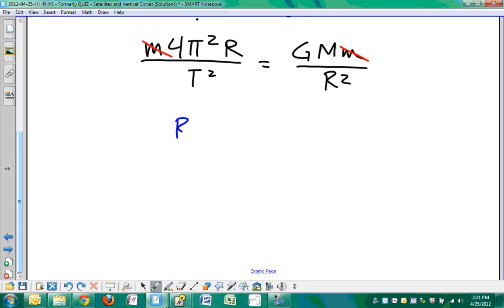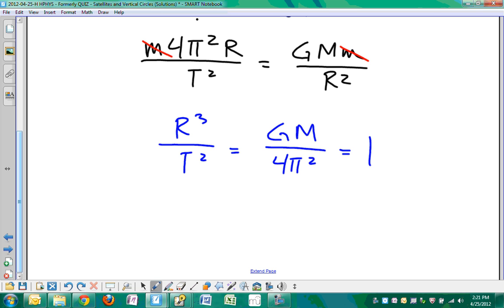So we end up with r cubed over T squared is equal to GM over 4 pi squared, which is constant. This law is Kepler's law, which we just learned. It is sometimes called the harmonic law or the law of harmonies because there's a relationship between distance and speed.